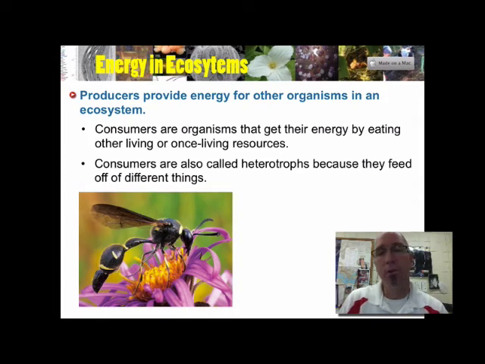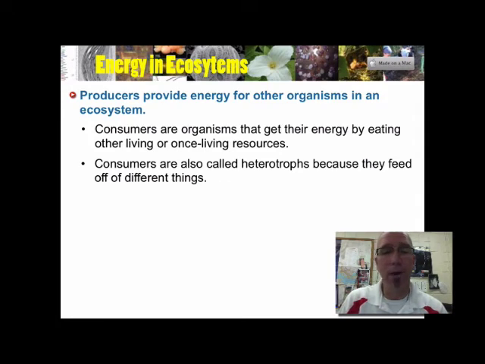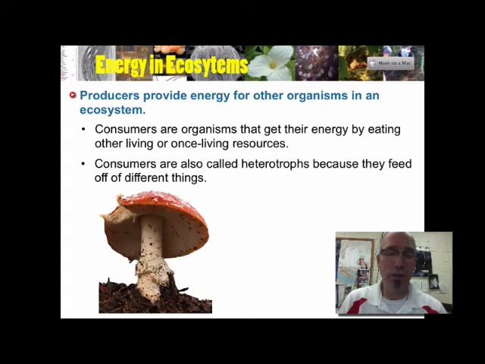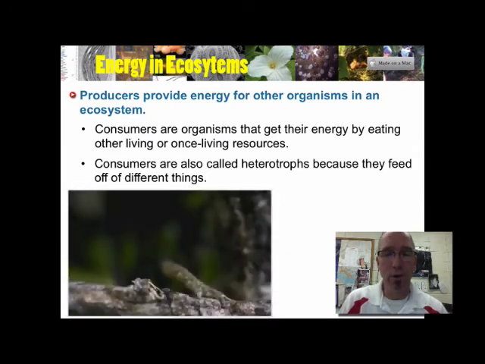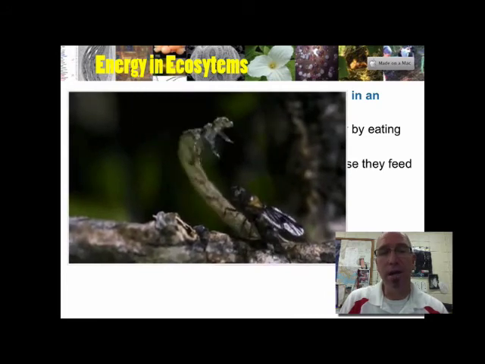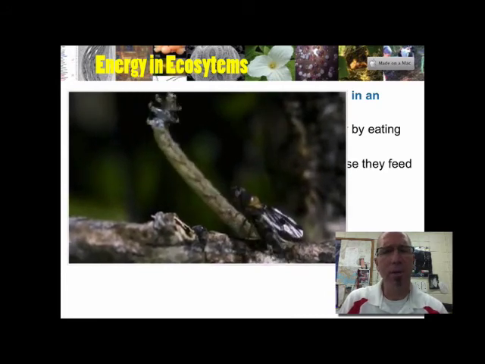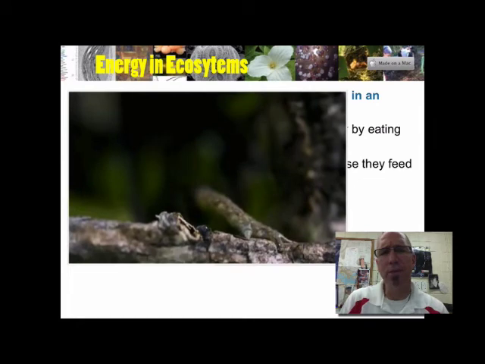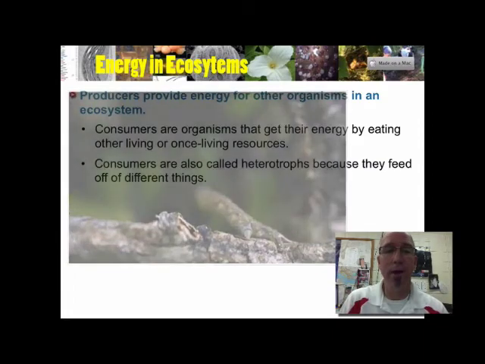So here's some kind of insect that's getting some pollen from that flower, a fungus that gets its energy from something dead, or even carnivorous caterpillars that can catch flies. We always thought caterpillars were nice, friendly guys, but that caterpillar looks kind of nasty. So it's a heterotroph. It's eating another heterotroph, that fly.